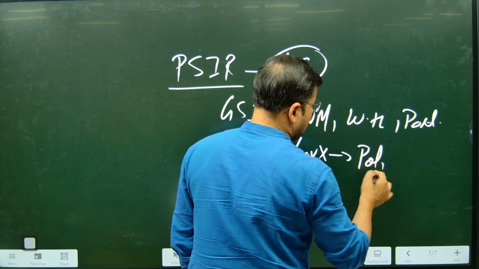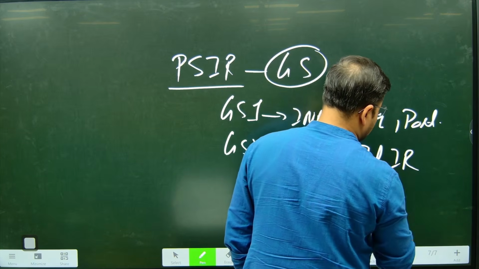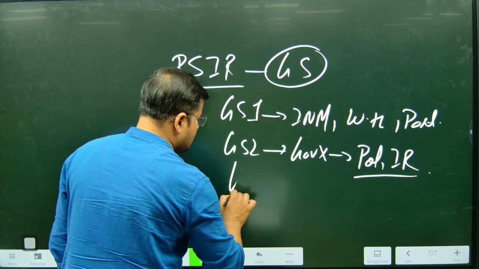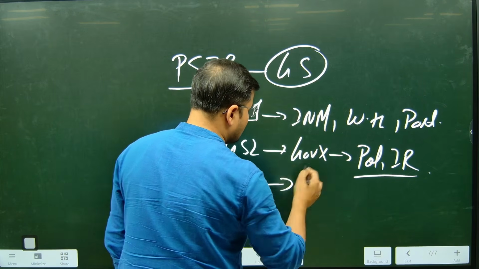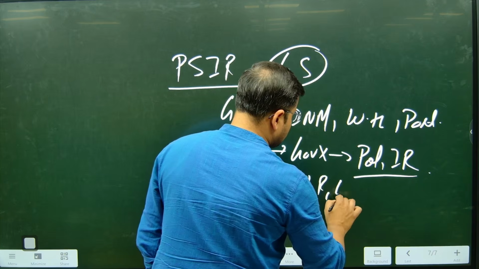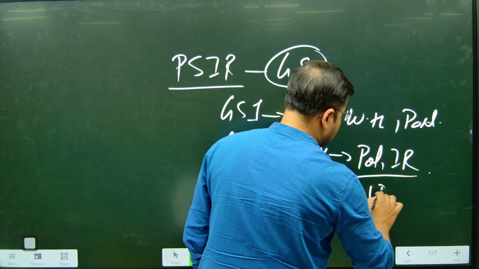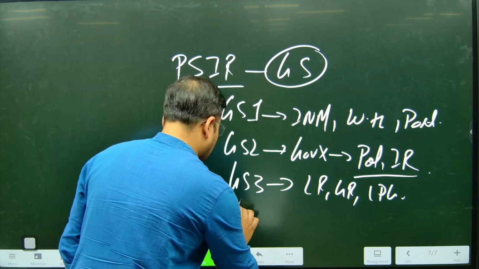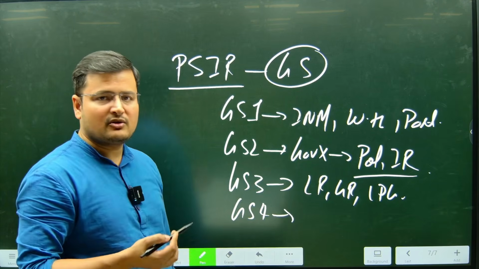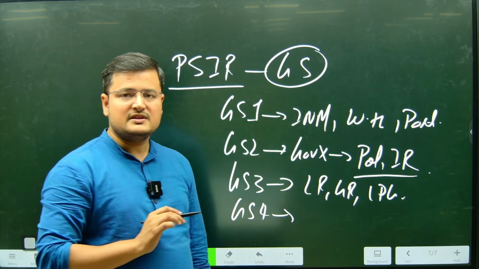Polity and IR are covered very comprehensively. Then in GS3, there's a minor overlap on topics like land reforms, green revolution, LPG reforms and all. And in GS4 also, you will be helped by your knowledge in political science.